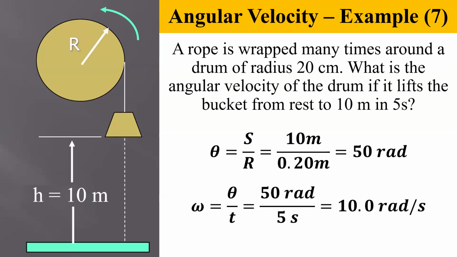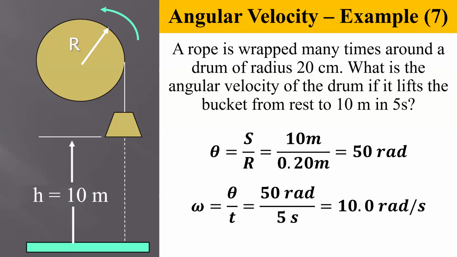Now, the angle moved is equal to the displacement divided by the radius. Your displacement, as we established already, is 10 meters, to raise it from the ground, and its radius is 0.2, because you divided the 20 centimeters by 100, and you'll get 50 radians.